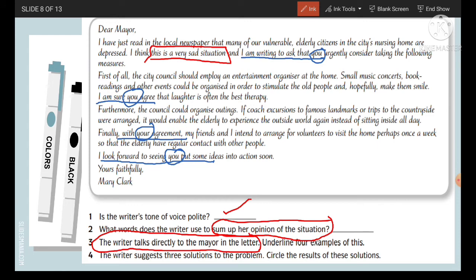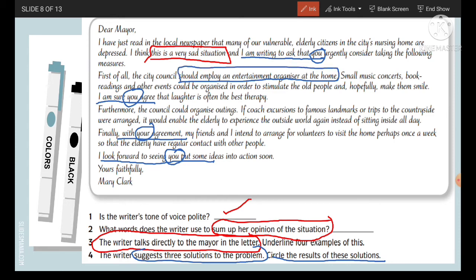Okay, alright, next one. The writer suggests 3 solutions to the problem. Circle the results of this solution. So we find first what are the 3 solutions. Okay, the first one is this one.